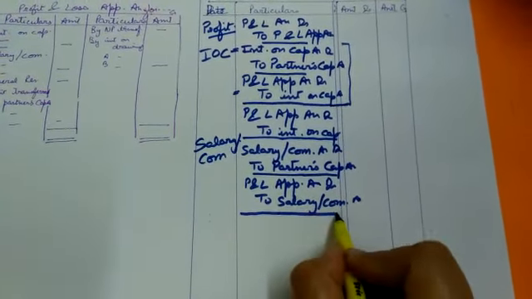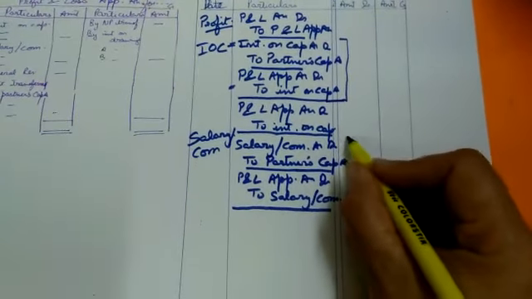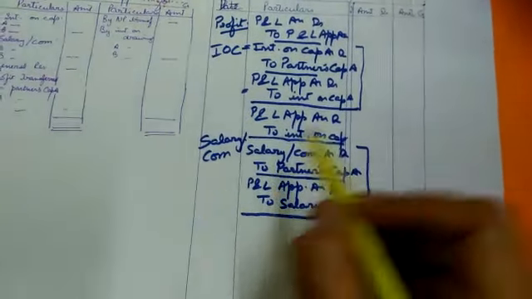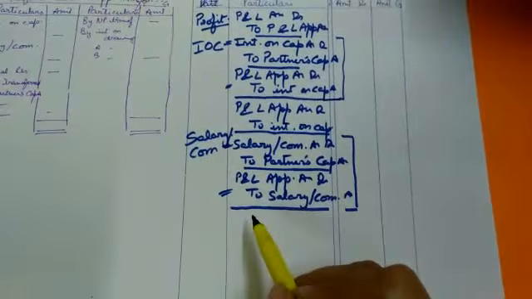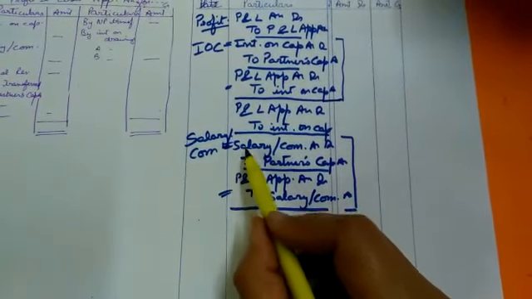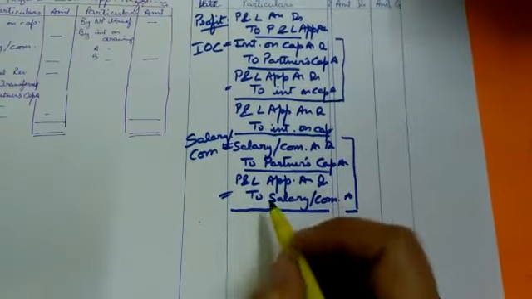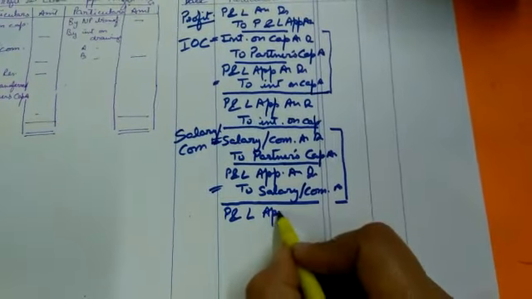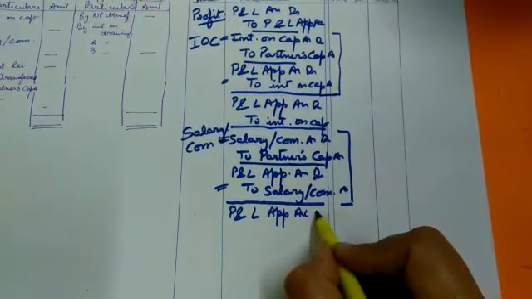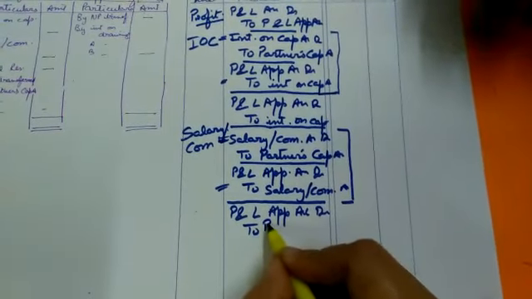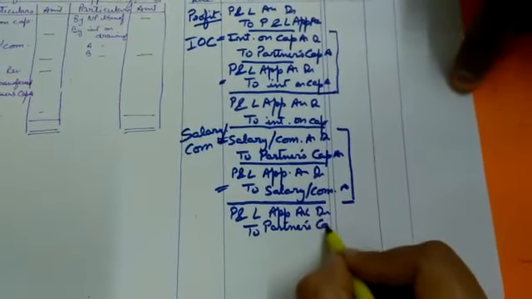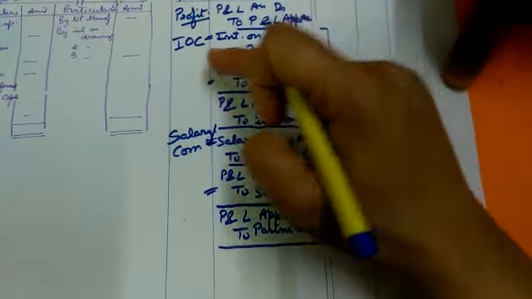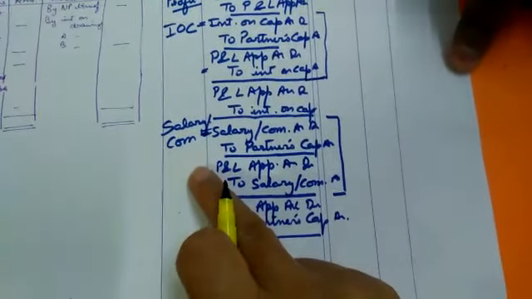As it was in the case of interest on capital, similarly, in place of these two journal entries, one clubbed entry can be passed, and I guess you can make it out yourself. We have debited salary and credited salary here. So if we cancel these two, the clubbed journal entry will be profit and loss appropriation account debited to partners capital account. So these were the journal entries for giving interest on capital and then salary or commission to the partners.